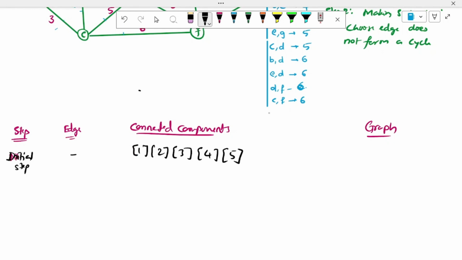Now you see, if I write 1 and 2, you will find that 1 and 2 are connected this way. If I write 1, 2, 3 in this place, then I can say that 3 is somehow connected to this.